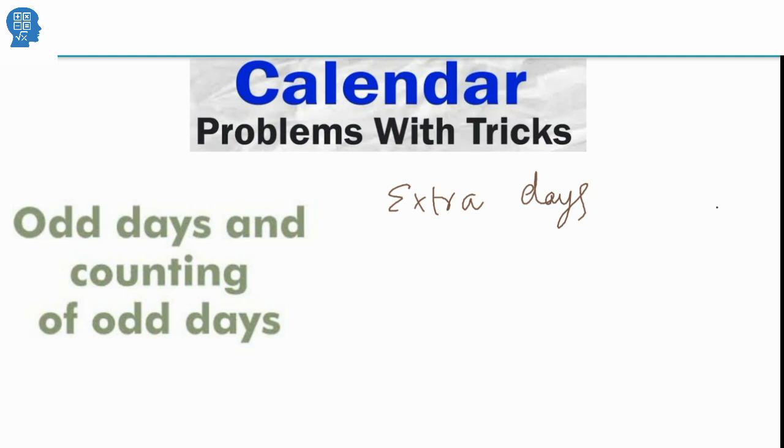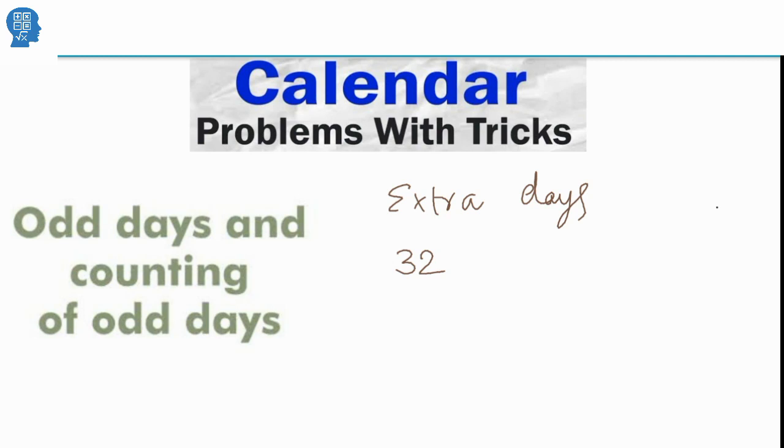So let us take an example to understand this odd days concept. Suppose we have 32 days. Then how many odd days do we have in these 32 days? We know very well a week contains 7 days.